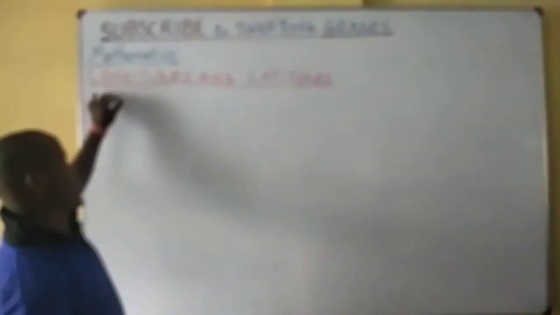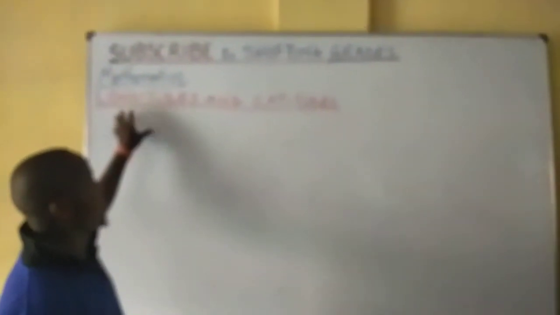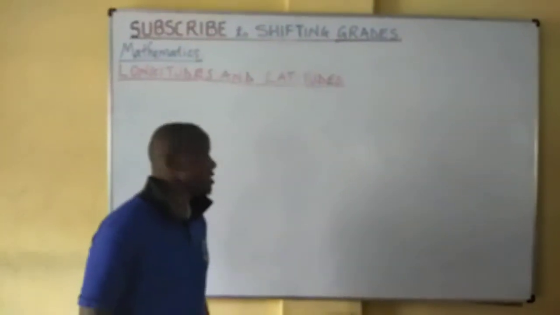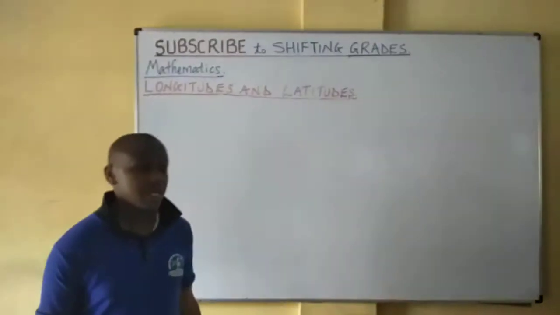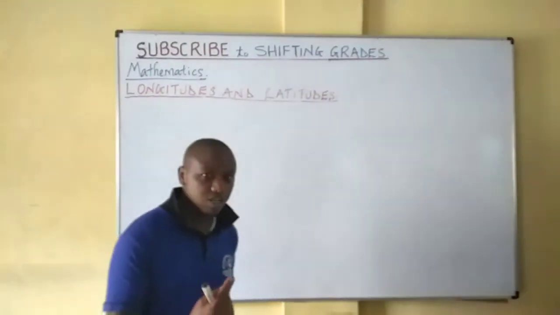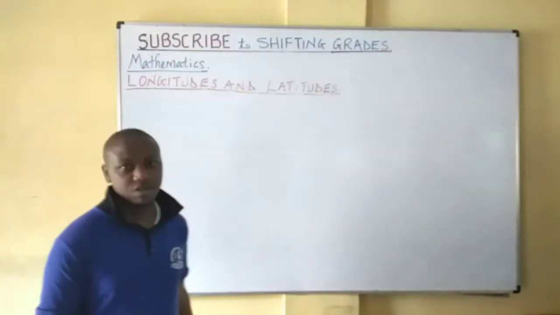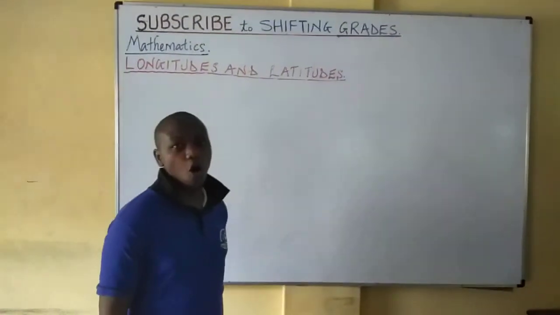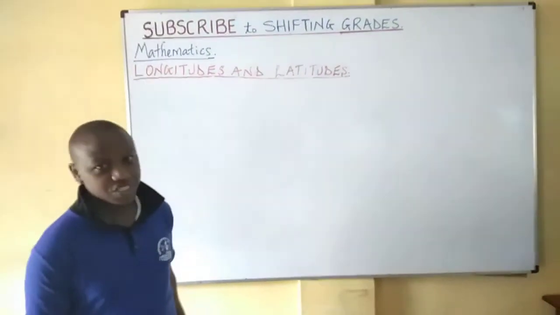Therefore, we want to study now the concepts behind latitudes and longitudes, because we know these are imaginary lines which cut across the Earth's surface, either from the south pole to the north pole or from east to west, depending on which imaginary line it is.